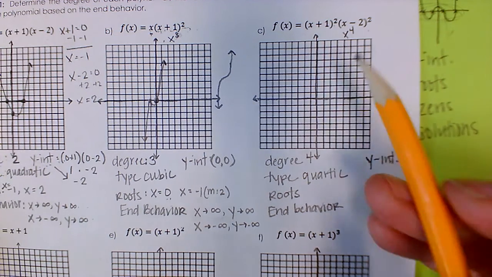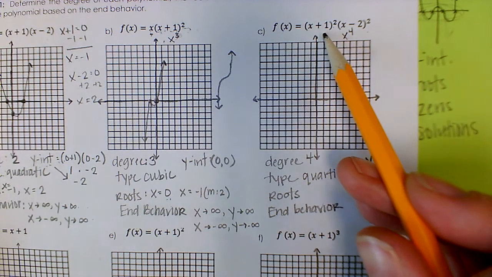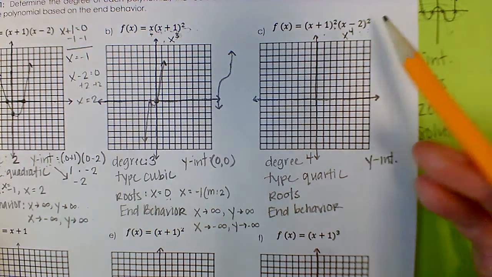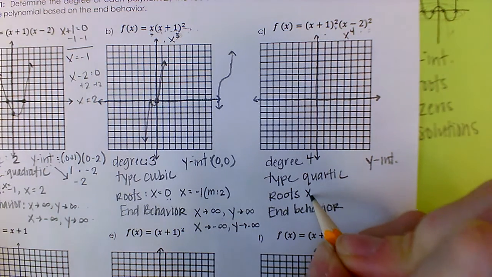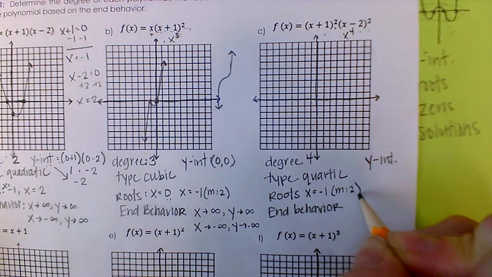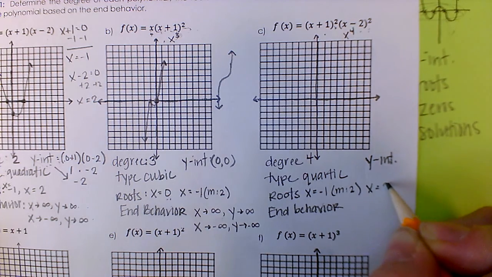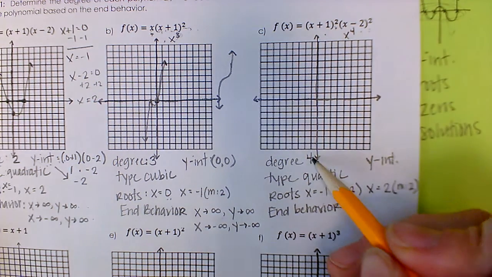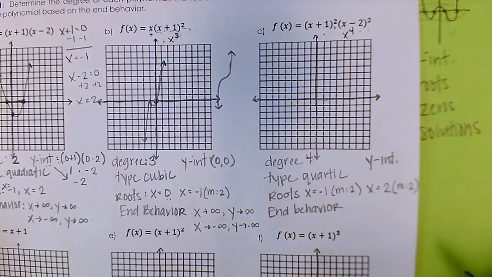Our roots. Remember, it's the opposite of what's with your x. So negative 1 twice, positive 2 twice. So our roots are x equals negative 1 with a multiplicity of 2, and x equals positive 2 with a multiplicity of 2, which gives our 4 roots in total, our 4th degree.